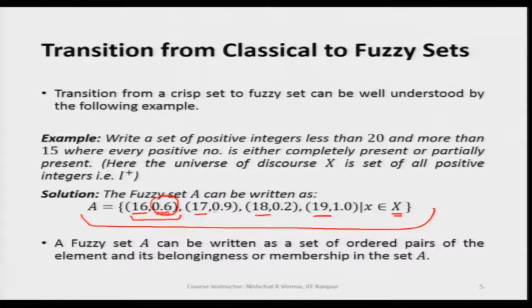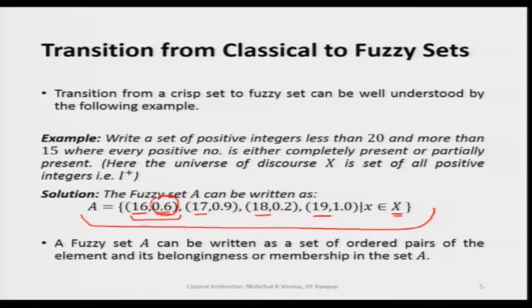Similarly, 17 is present with 0.9 membership value, 18 is present with 0.2 membership value, 19 is present with 1.0 membership value, meaning 100%. So, this 19 is completely present, 18 is partially present, 17 is partially present, 16 is also partially present.